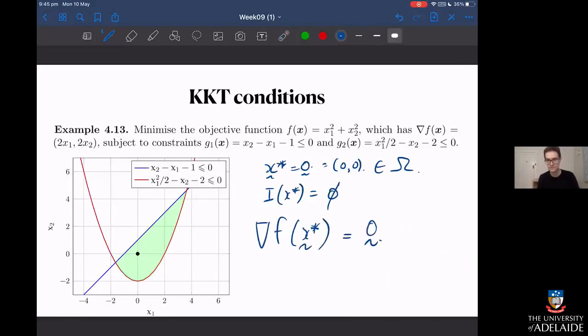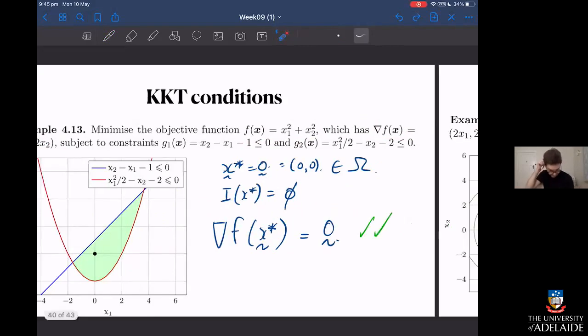And of course, if you think about the gradient of this function and you evaluate 2x1, 2x2 at 0, 0, then of course that's equal to 0. So the KKT conditions check out there. That's the straightforward example. And actually, it ends up being just an unconstrained optimization problem. All I did to solve this was take the gradient of f of x and set it equal to 0. I didn't actually need to bother with the constraints here. So that's the most straightforward one.